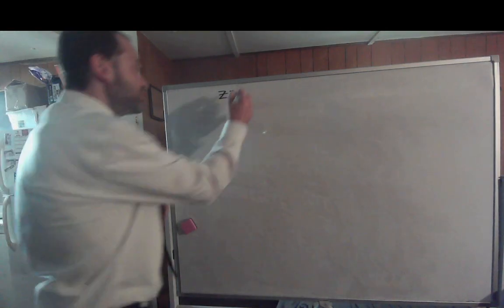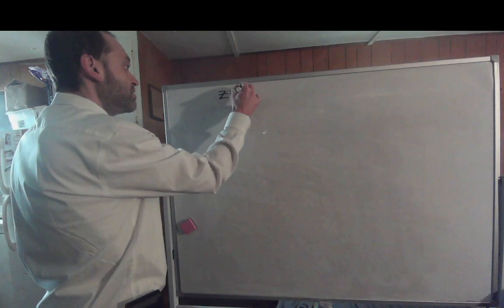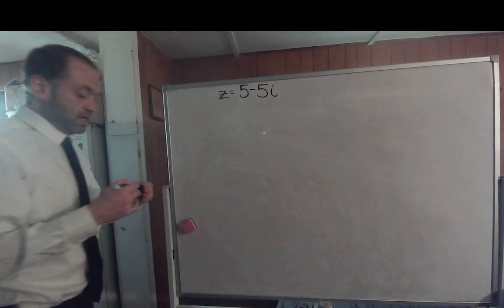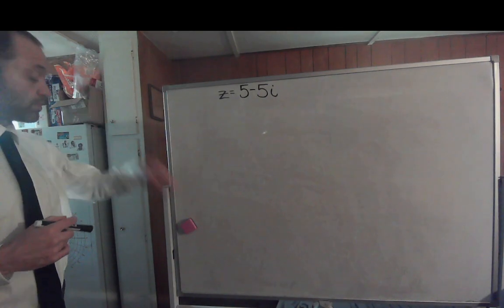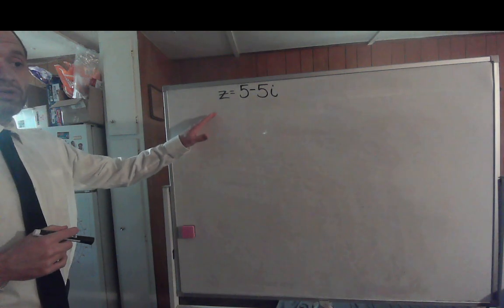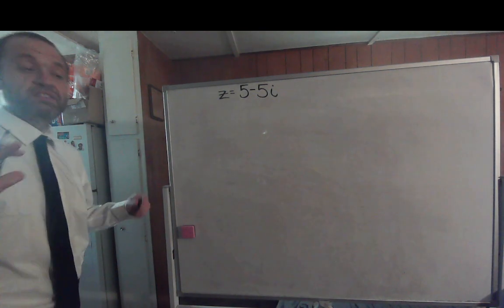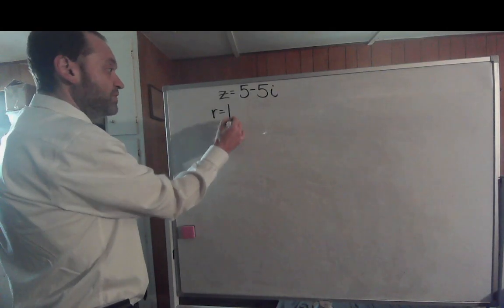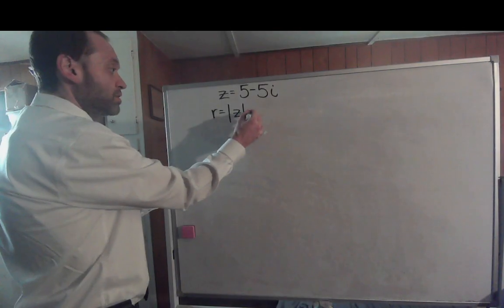Alright, so we have z equals 5 minus 5i. Well, first thing you want to do, again, I would say, is find your r, which is going to be the absolute value of that complex number.